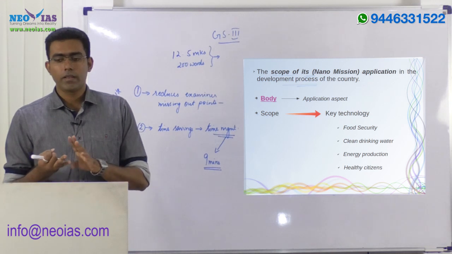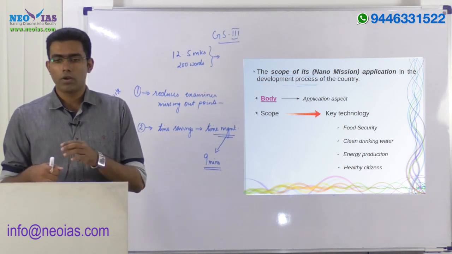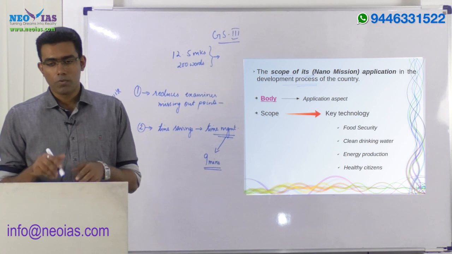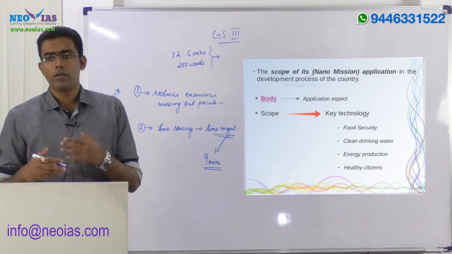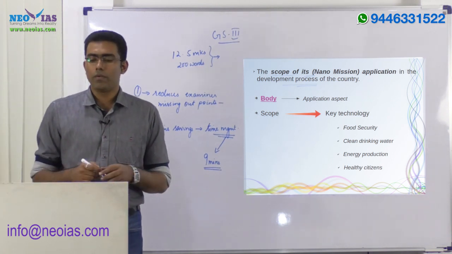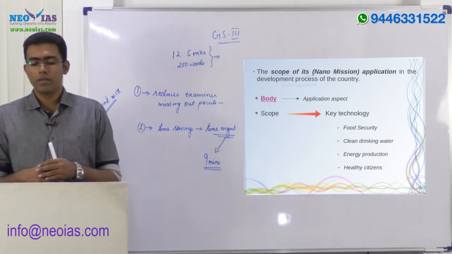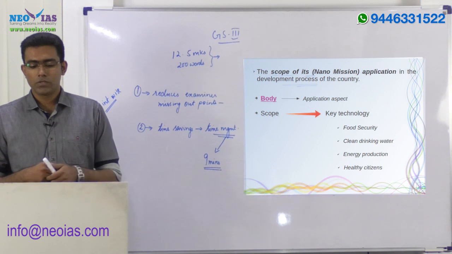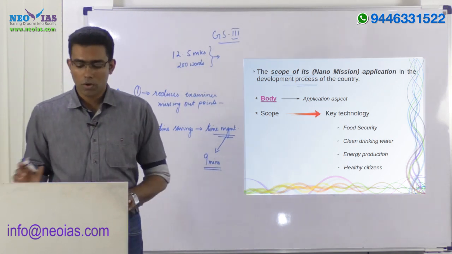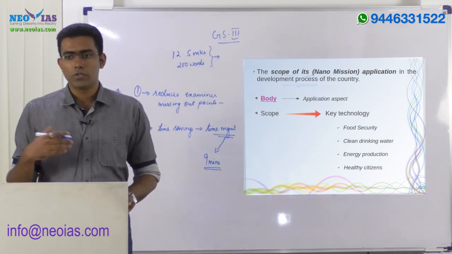Second part, you can say that it can also be used for reducing the food wastage. How? By using antimicrobial wrappers which have smart sensors so as to reduce the nutrient loss, and it preserves healthy food so that food wastage is reduced. So overall, the food production prices also reduce.